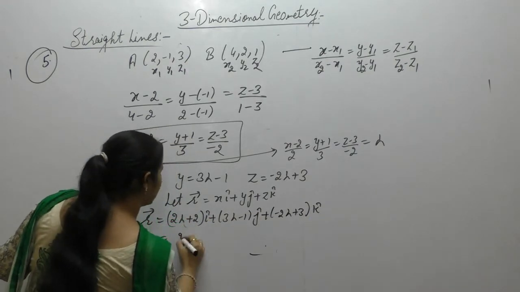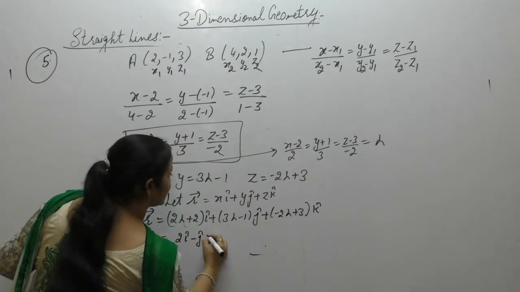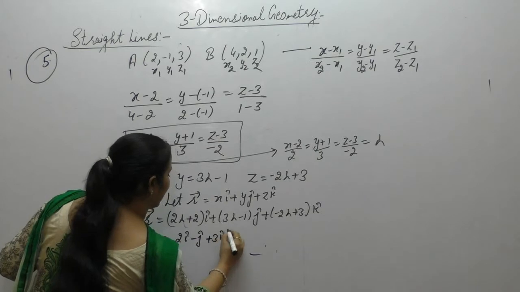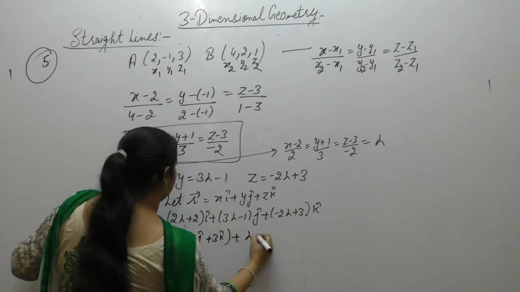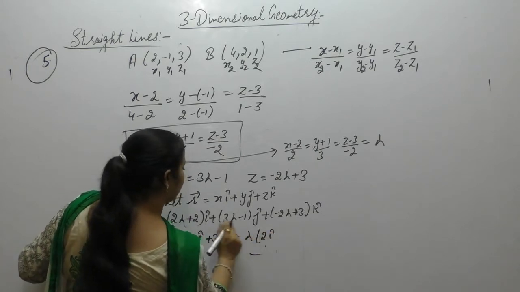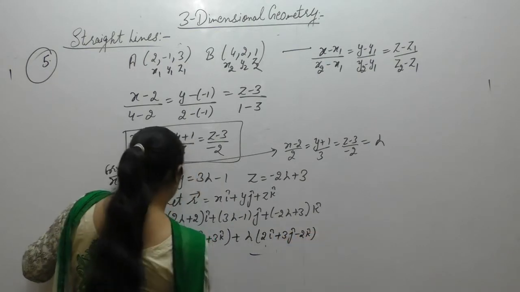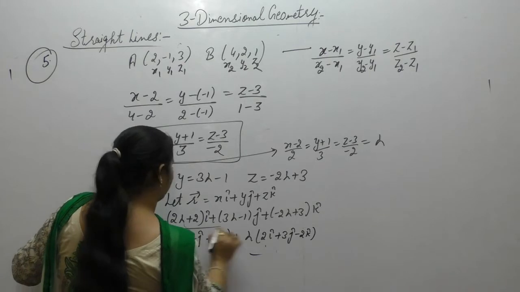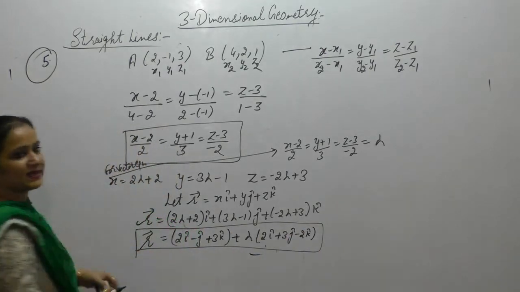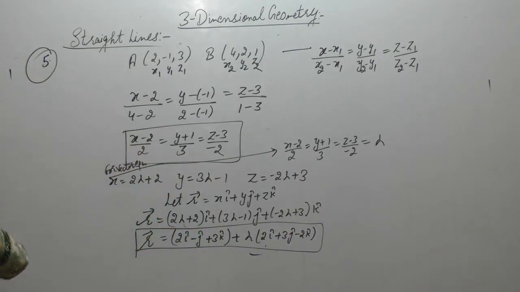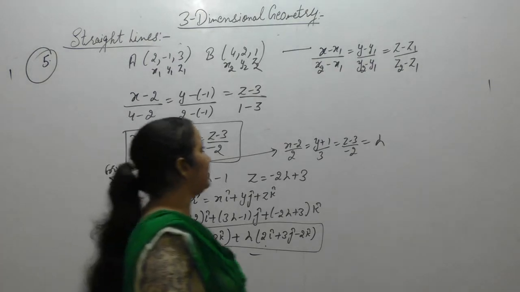We can write it as 2i minus j plus 3k, take lambda common, 2i plus 3j minus 2k. So this is of the form r vector equals a plus lambda (b minus a) vector. So this is the required vector form.